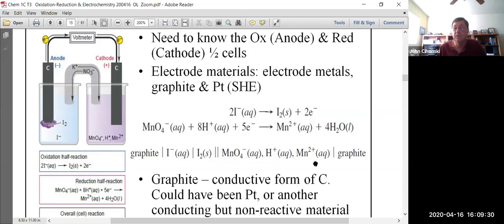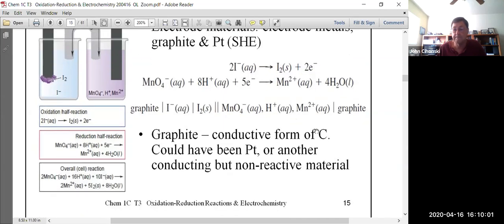Okay, now notice in this case, the order in which they appear is the order in which they are either reactants or products. I don't know that there is a hard and fast rule that says the manganese 2+ has to be on the right side. I tend to write it that way just because it's easier for me to correlate this notation with the half reaction, okay?